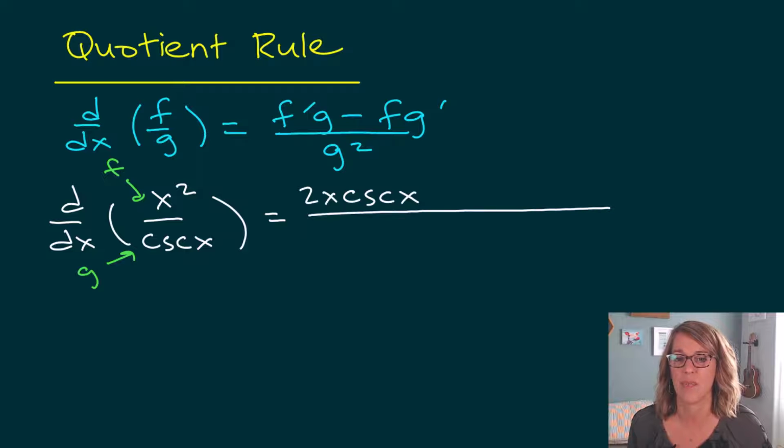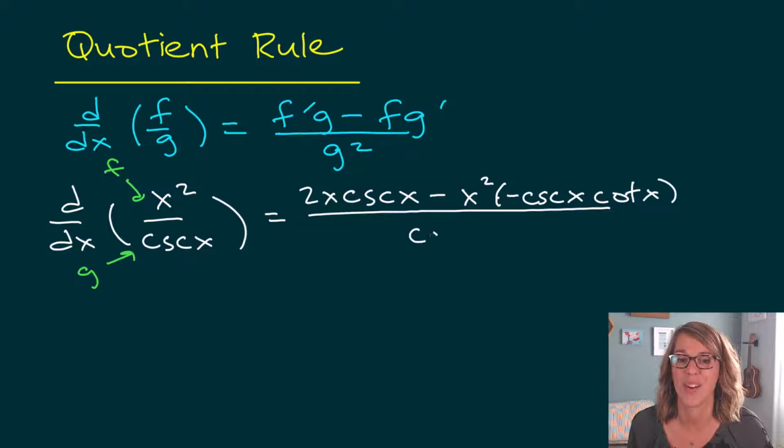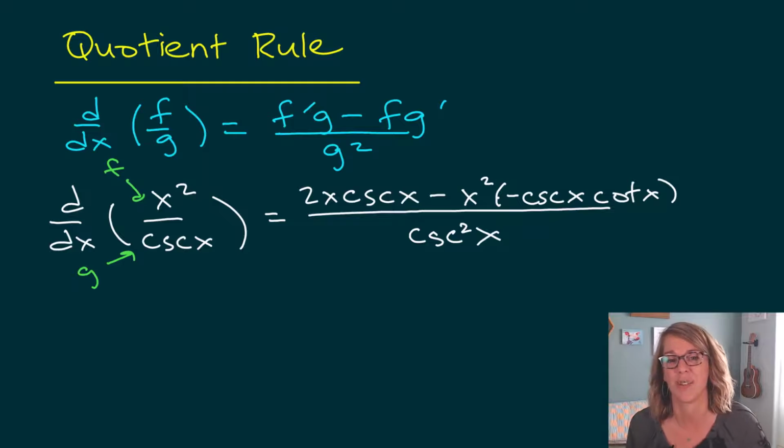This is all in my numerator, minus, I leave the first function, so x squared, times the derivative of cosecant. The derivative of cosecant is negative cosecant x cotangent x. In my denominator, I get cosecant x squared. So I'm going to write that as cosecant squared x.